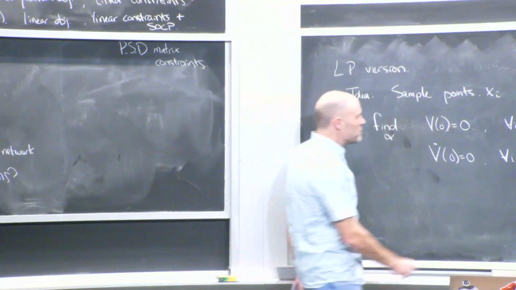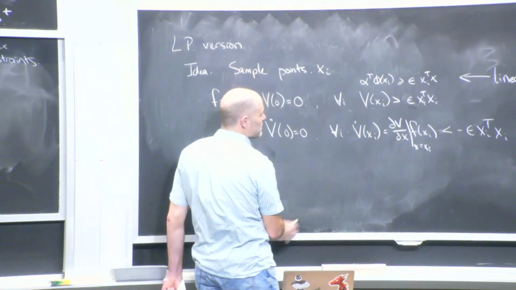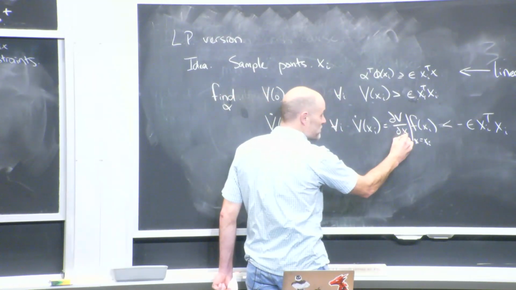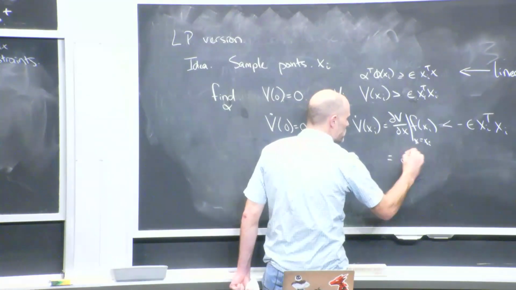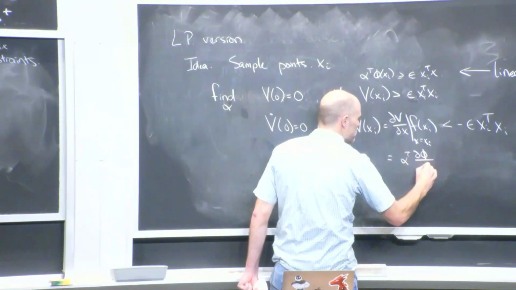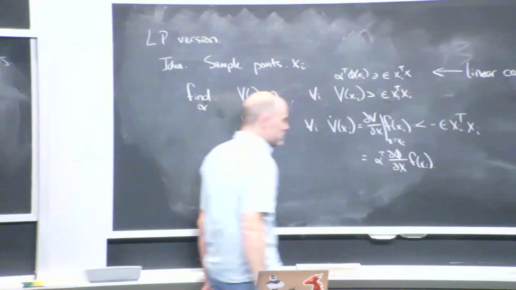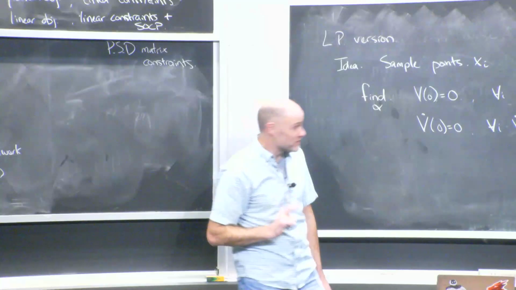If V was alpha transpose phi, then partial V partial x also has a similar form. This is alpha transpose d phi dx f of xi. Still linear in alpha.